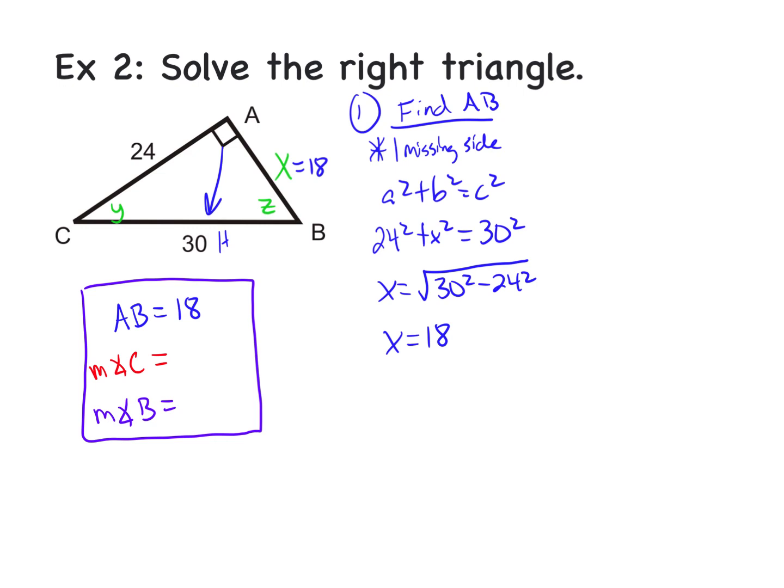Okay. Next step. Find the measure of angle C. How many missing angles do I have right now? 2. So 2 missing angles. What tool do I use?